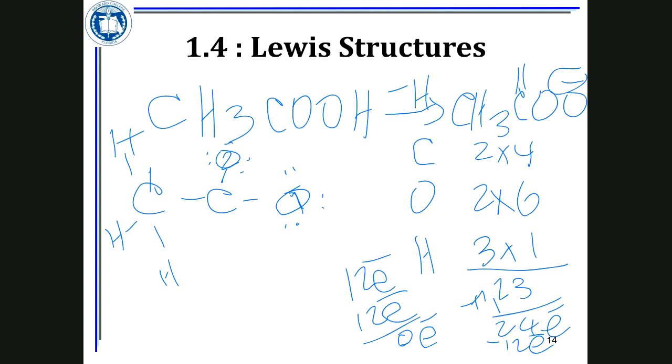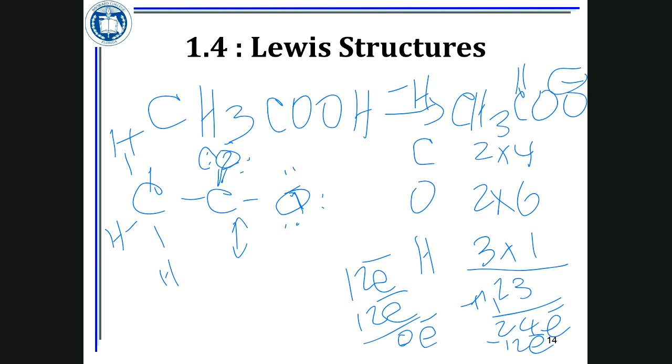The solution is to take a pair of electrons from one of the oxygens, bring it to the center, and do multiple bonding. That's where we stopped yesterday, using multiple bonding as a solution to get every element satisfied with 8 electrons.